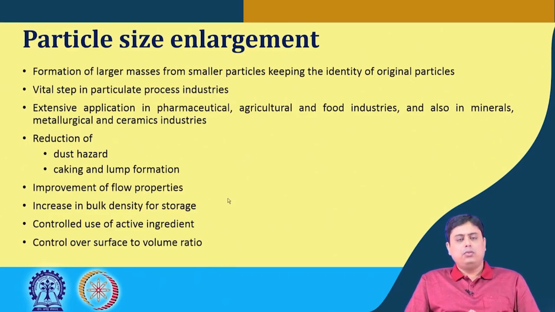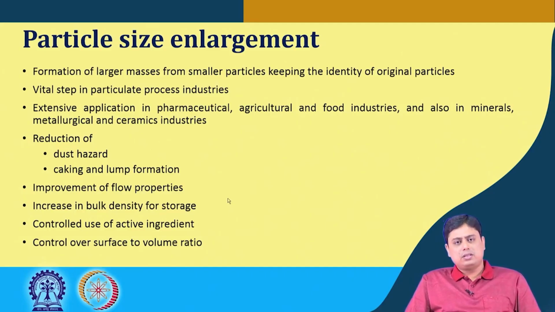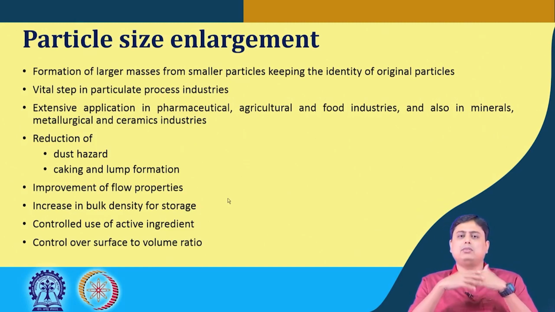When we make these smaller particles together, we combine them, we bind them, it also reduces the caking and lump formation tendency. So, say you have a bulk of fine particles that you intend to flow.